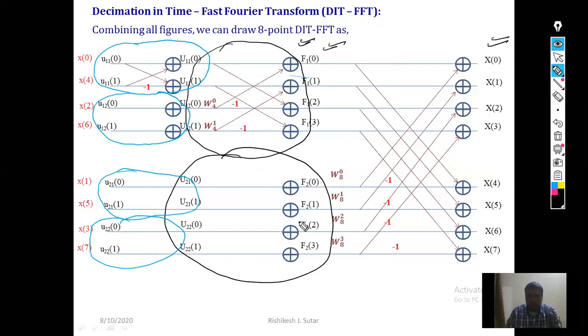The other 4 points will get repeated here, and as this u11 of k is a 2-point DFT, it will get repeated here also. It will get repeated here also. It will get repeated here also.